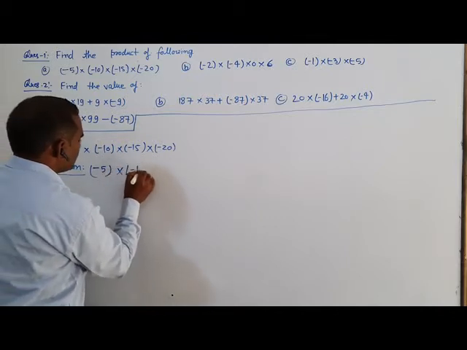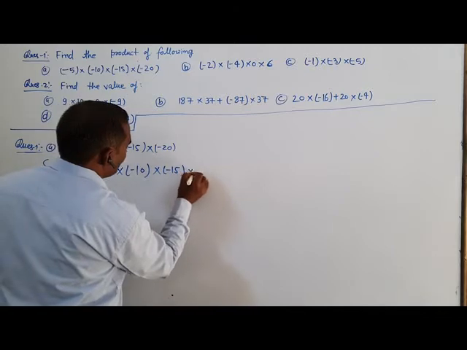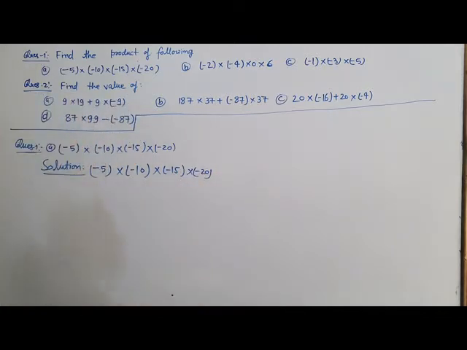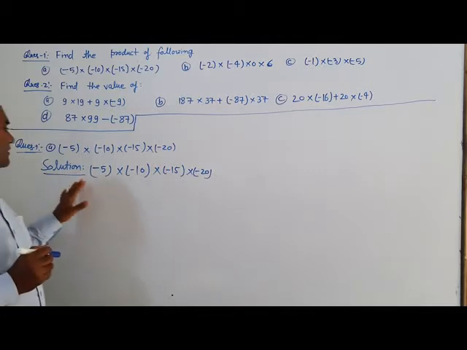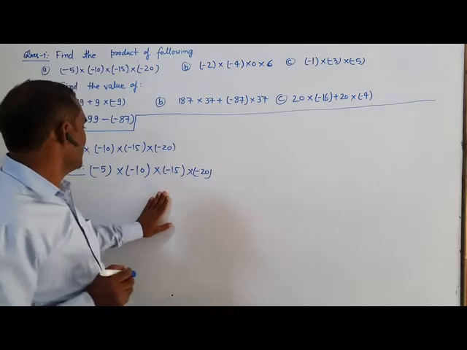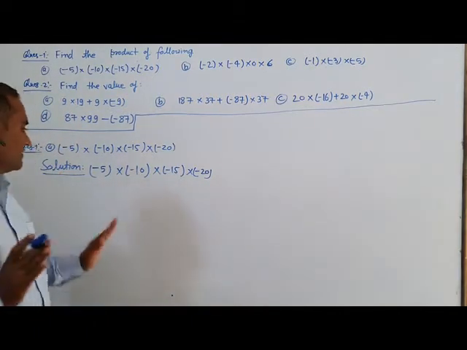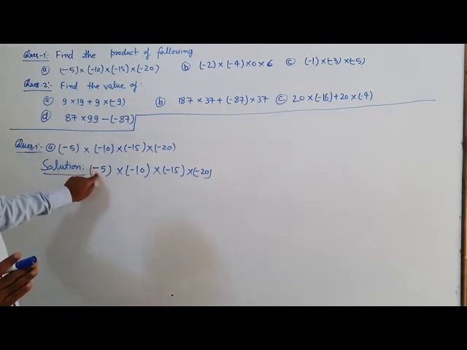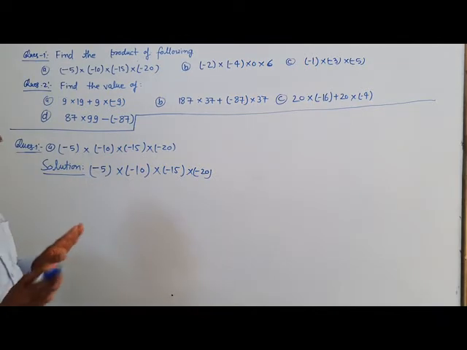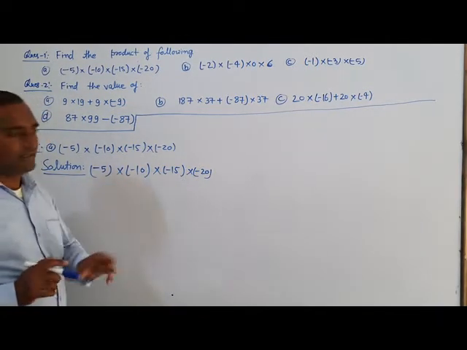into minus 10 into minus 15 into minus 20. When we multiply integers, first of all we have to see the number of negative signs. Here minus 5, minus 10, minus 15, minus 20. If we count, we find that there are 4 negative signs.